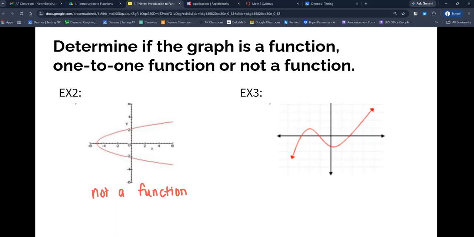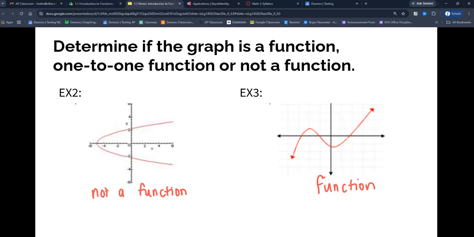Now, let's look at example 3. Is this a function? Do I pass the vertical line test here? Yeah. Vertical line test is good, right? So this is a function here. Now I need to decide if I need to add 1-to-1 to that as a 1-to-1 function. Does this pass the horizontal line test?